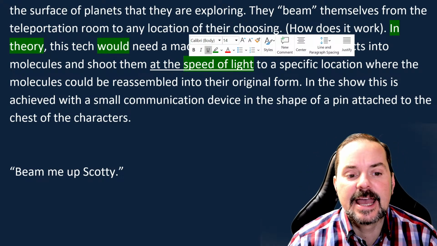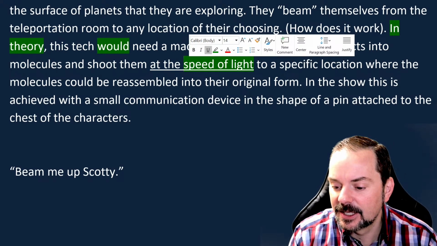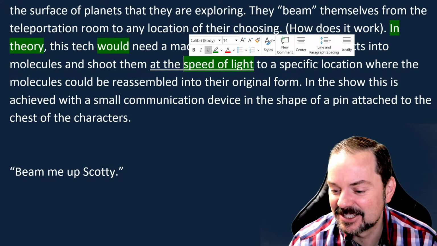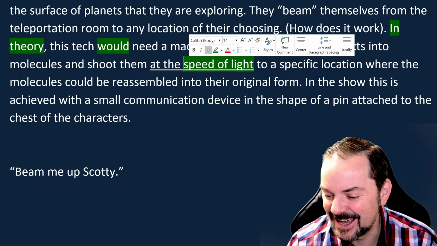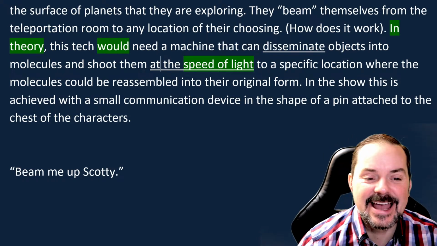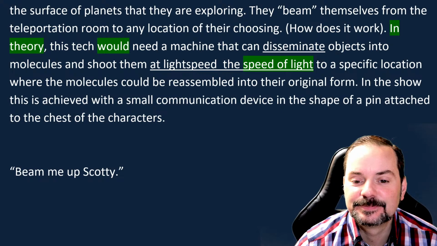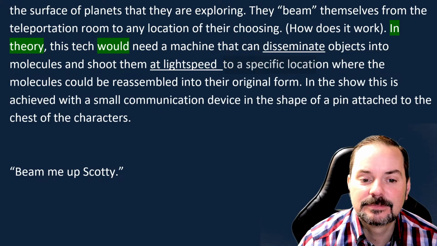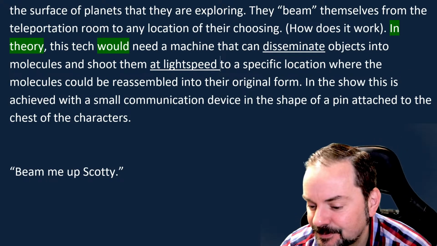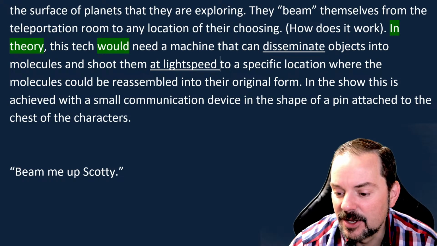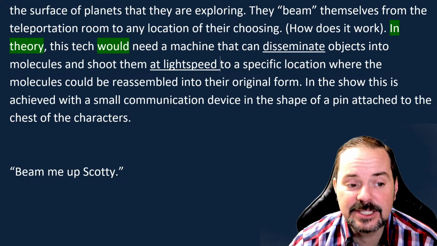So you can say at... Anna says very quickly. Yes, or you could also say at light speed. It's one word. Okay, so there you go. Not lightning fast, just simply light speed.